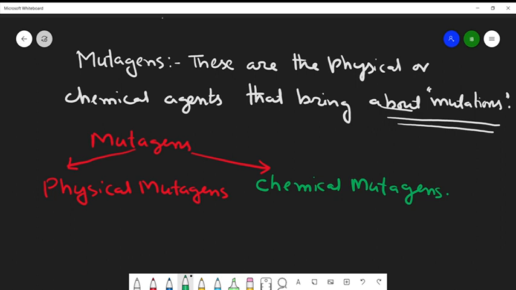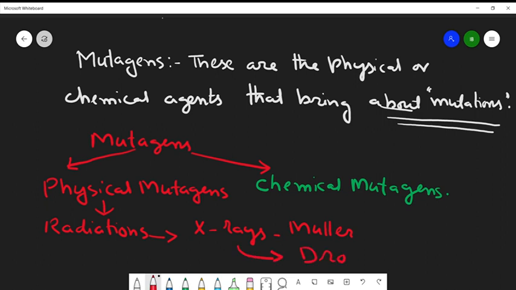Now physical mutagens include the radiations, and in radiations, the pioneering work on X-rays was carried out by Muller. What Muller did is that he studied the effect of X-rays on Drosophila.